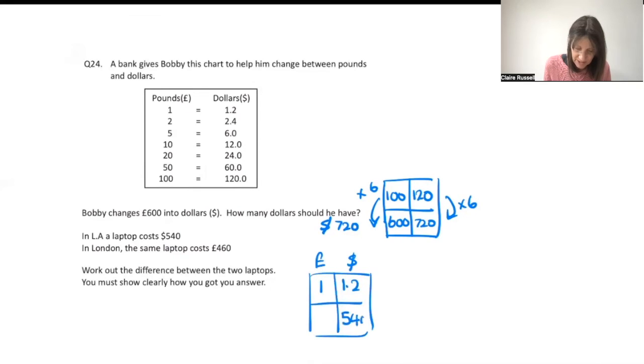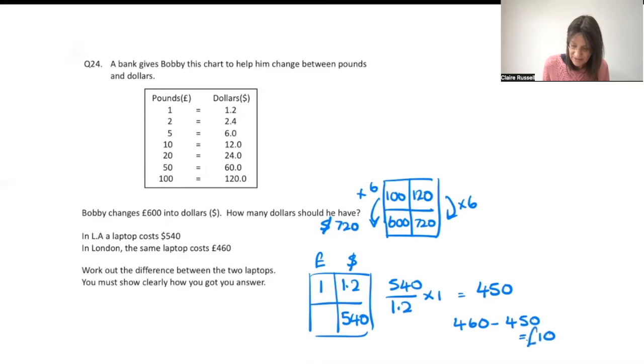So that will go into that side. And then literally I've got 1.2 is my trap number. Timesing 3 by 1 isn't really going to make a difference. That gives me 450. And the difference between the two, 460, take away 450 is a £10 difference. And if you got that right, well done.